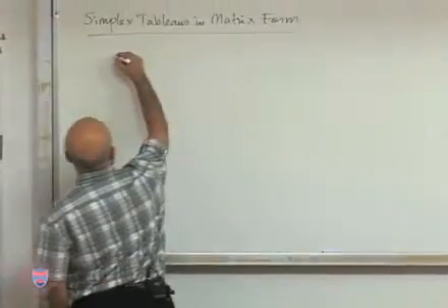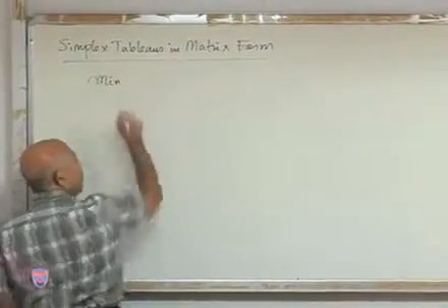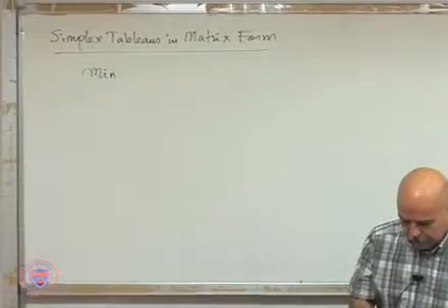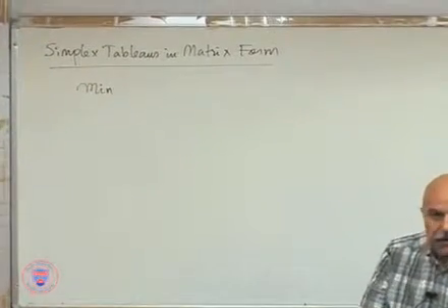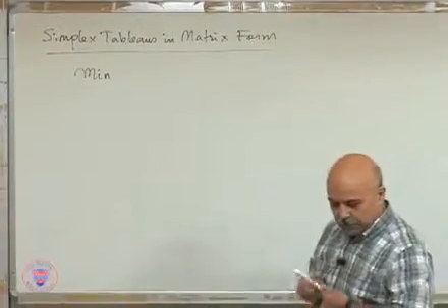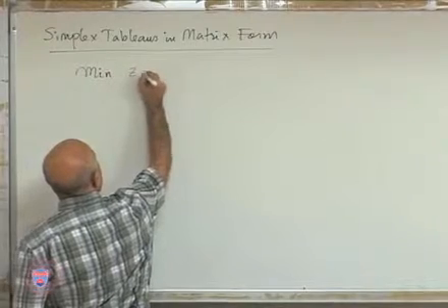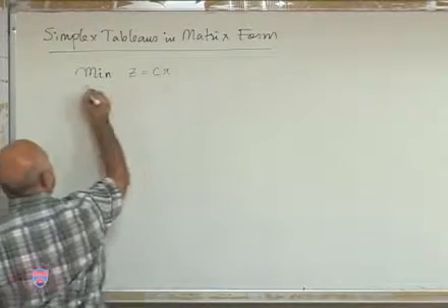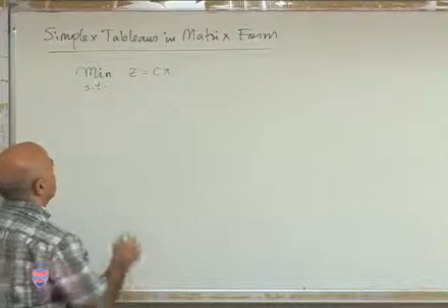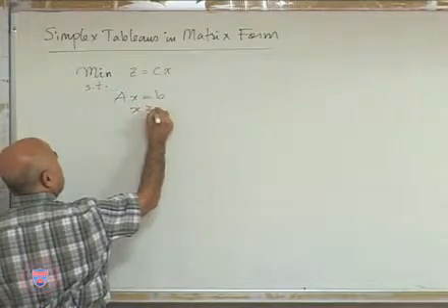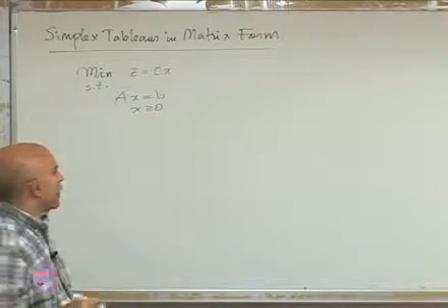I'm going to continue to work on the same stuff, except that we'll concentrate on the simplex tableaus relative to a given basis B. So let's assume we have the problem in the form minimize Cx subject to Ax equals b, x greater than or equal to 0.